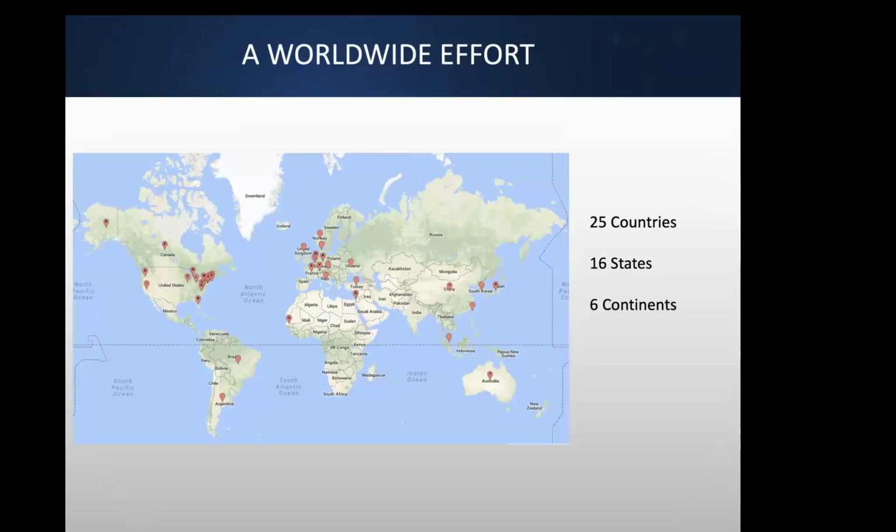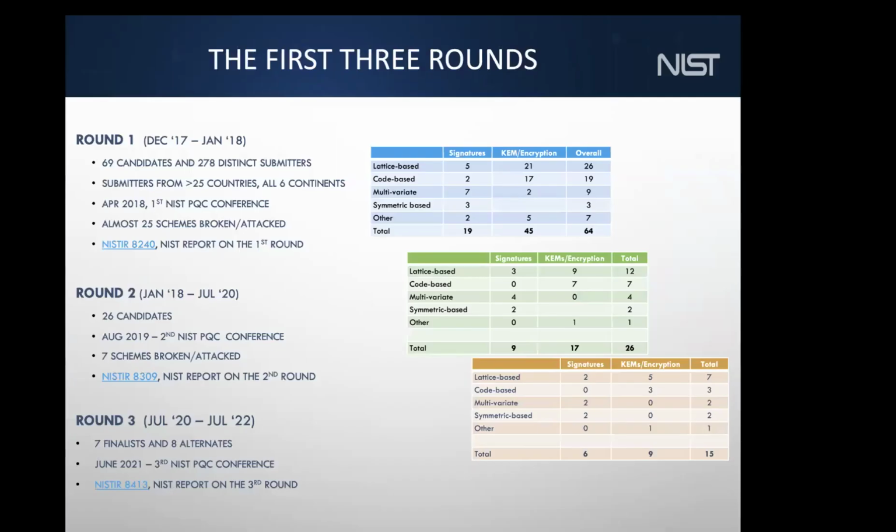It was truly a worldwide effort. There were submissions with researchers from around the globe, and that was very cool to see, all 6 continents and a whole lot of countries. This process went on from 2016 up until July of 2022, and it was organized in rounds. In the first round, we took all the algorithms that were sent in.